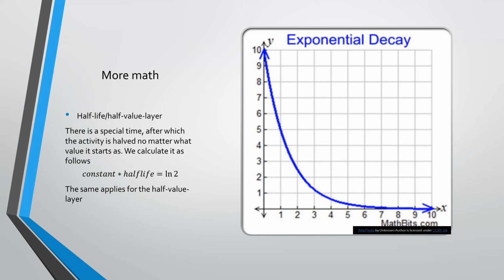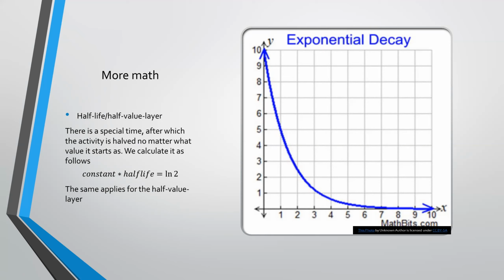For example, if a material is releasing 100 times per second at time equal to 0, then at some time in the future it will be emitting 50. That is called the half-life of the material.